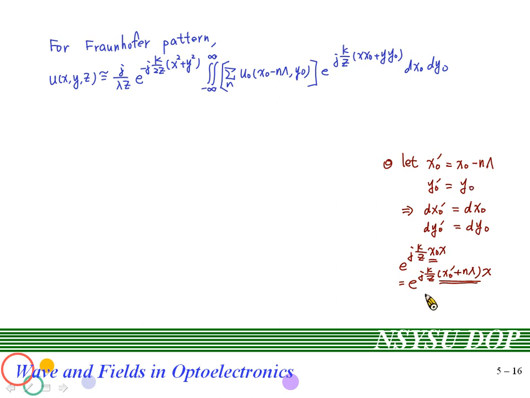So we can say that this exponential function can be expressed as these two. Now expand the term here. If this term can be written as this one, we can re-express the above equation in the following form.